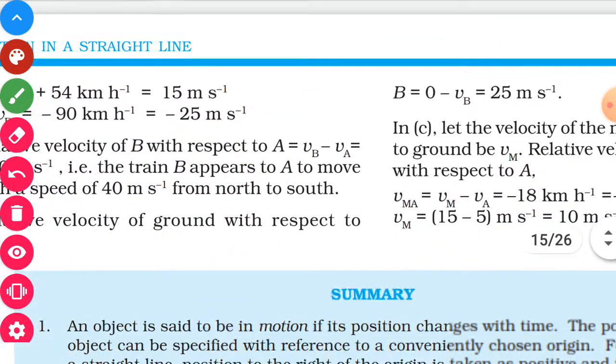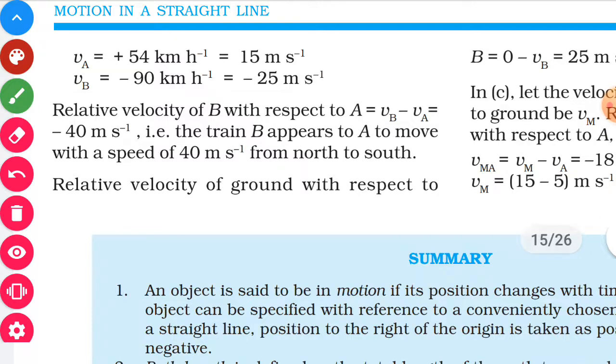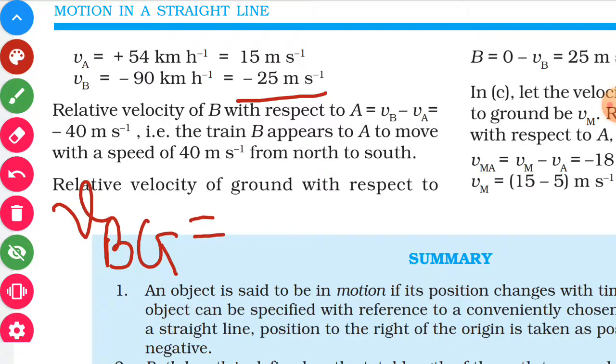Now the next question is that you have to find the velocity of ground with respect to B. Now B is moving with 25 meter per second with respect to ground. So it is understood that when we talk about their speed, then it is with respect to ground, some stationary object, that stationary object is ground. So velocity of B with respect to ground is minus 25 meter per second.